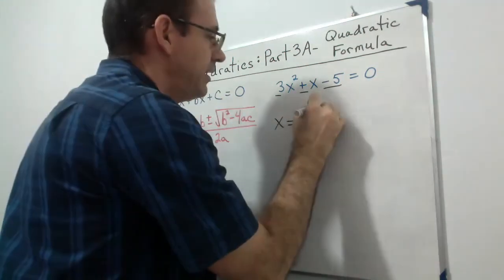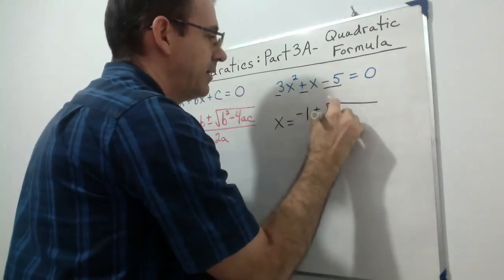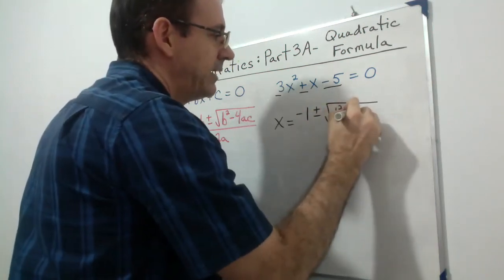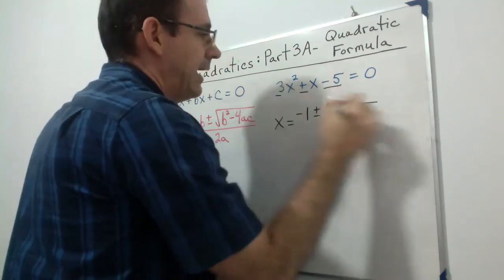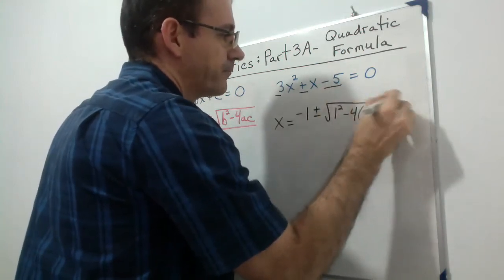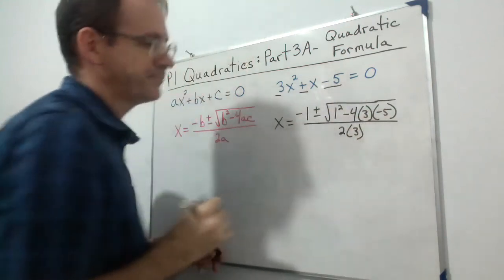So negative b plus or minus the square root of b squared, so it's 1 squared, it's positive, so I don't need the parentheses, minus 4, a is 3, c is a negative 5, all over 2 times a, okay?